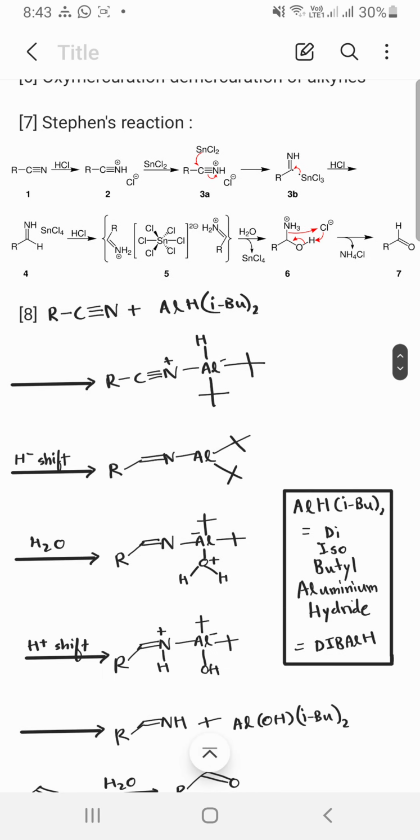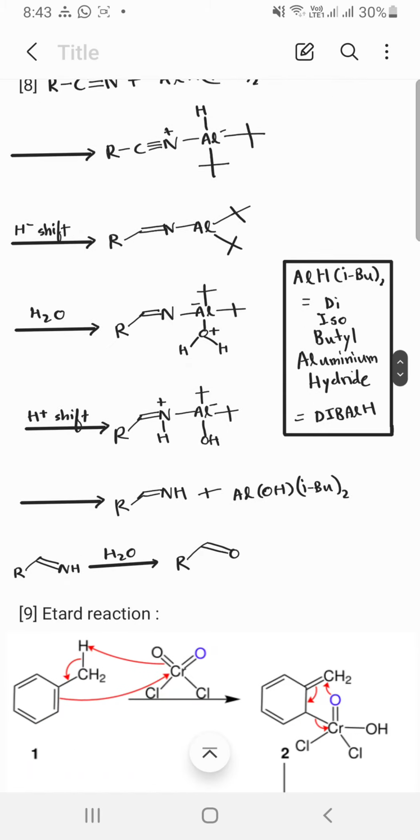Okay, next. Al-H-iBu2, isobutyl 2, that's DIBAL-H, and it does convert cyanide into this thing.